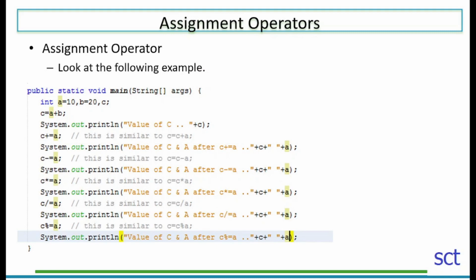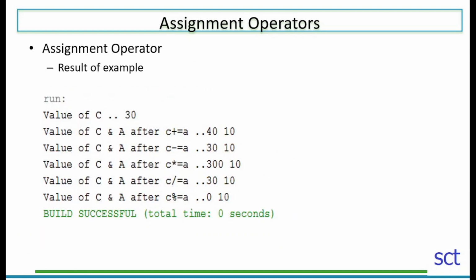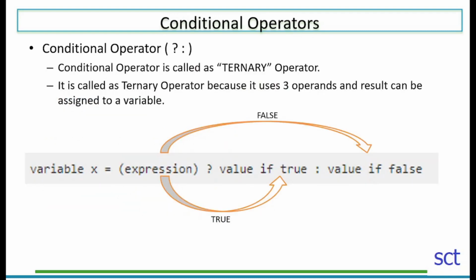So C is equal to, first C, the second value is A. So C is equal to C plus A. You can just check this program and see whether you get this result or not. The result is going to be like this. This operator I am leaving to you, you can try this in your code.